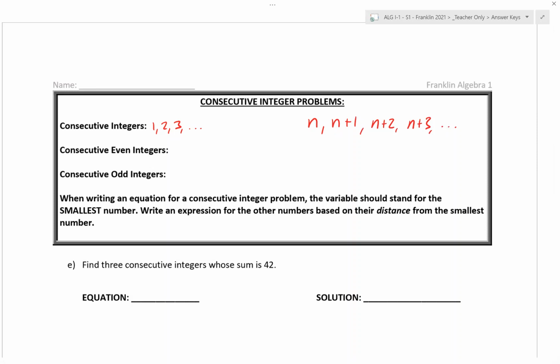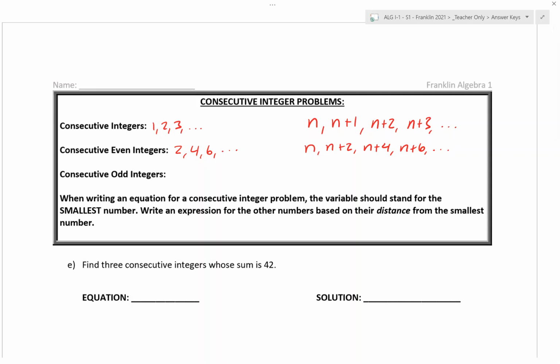If we talk about consecutive even integers, that's like 2, 4, 6, and so on. Expressing those with variables would be like n, and then the second number is 2 more than the first one, so n plus 2, n plus 4, n plus 6, and so on. Okay, so each new number is 2 more than the previous one.